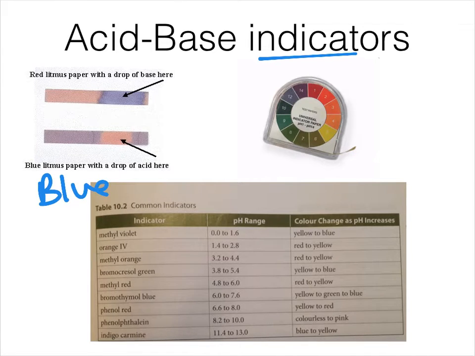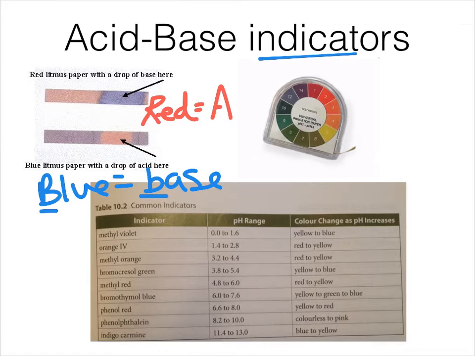So blue would indicate a base. And you can remember that with BB. Anytime you have an acid, your litmus paper is going to turn red. Okay, so litmus paper, red is going to be an acid, blue is going to be a base.